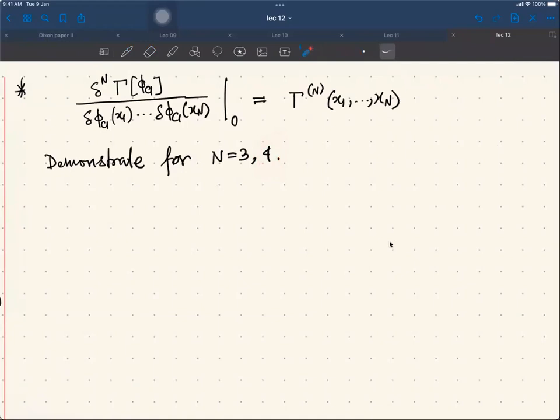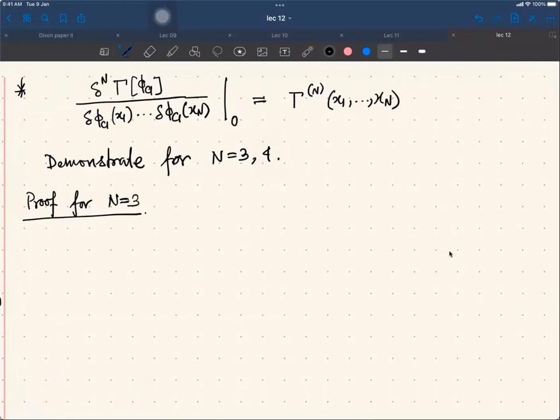So how to show the proof for n equal to 3? So the question is how to do the proof for n equal to 3.